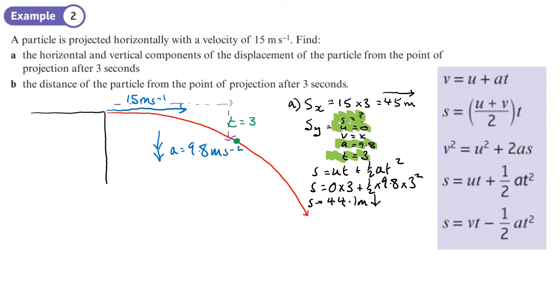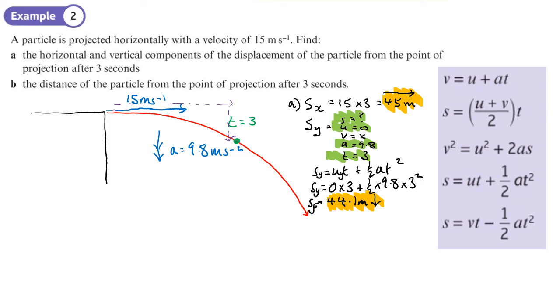So that is the vertical displacement. I should write that as SY because I used SX before. And I suppose I should put Y next to the little U here because that's the initial vertical velocity.